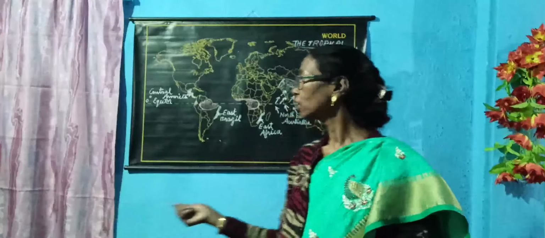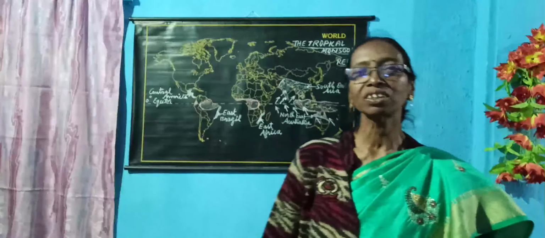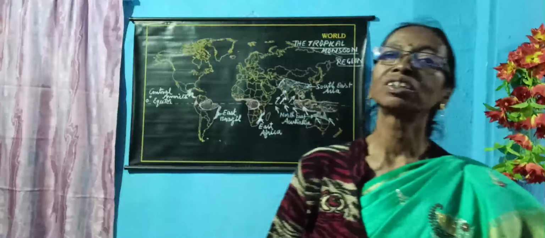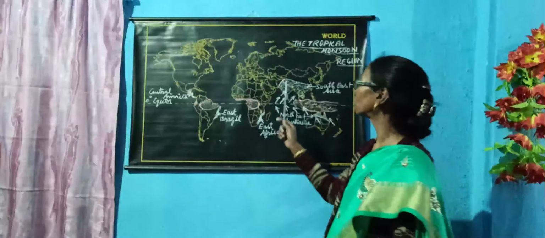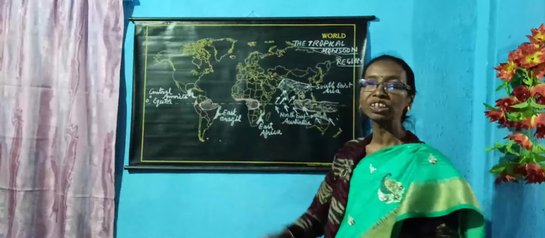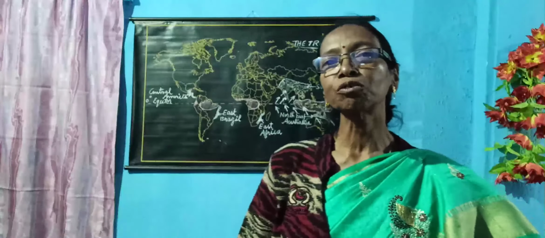In the interior part, far from the coast, in the northern plain of India, the temperature rises to about 35 degrees Celsius to 38 degrees Celsius. And in the parts of Rajasthan, the northwestern part of India, which is very far from the coast, the temperature rises and reaches more than 45 degrees Celsius.